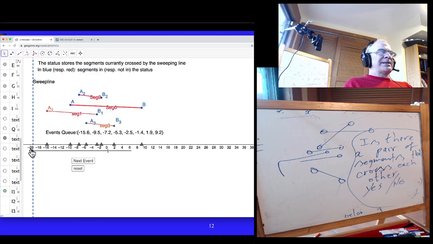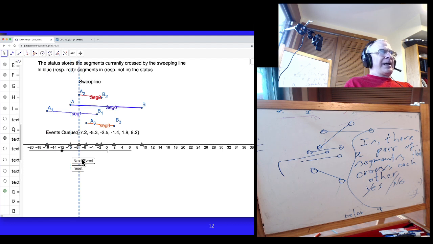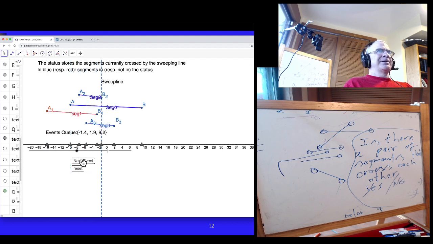So what I'll do is, instead of doing this continuous, elegant, gradual, smooth move, I'll prepare ahead of time an event queue that tells me all the X coordinates where something interesting happens. And after I do it, I will move the line sweep only via a sequence of jumps, from one event to the next event, to the next event, and only at an event does something change.